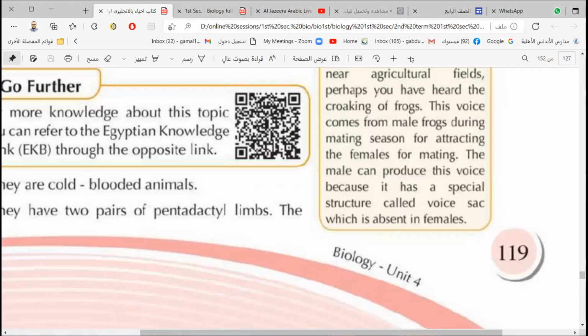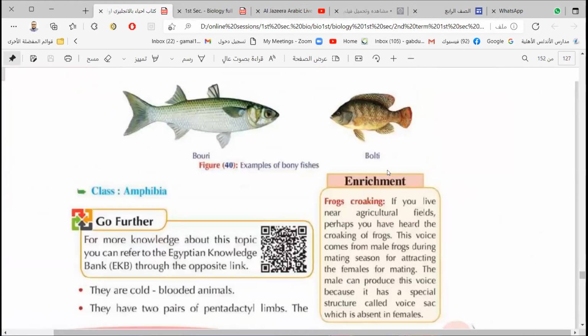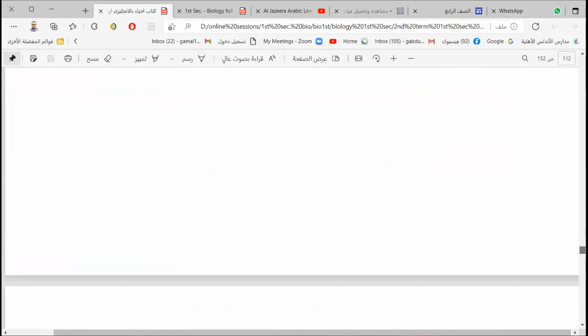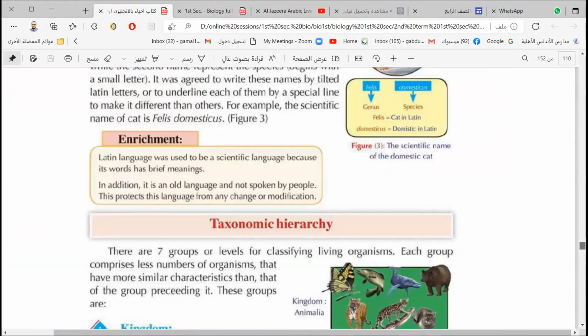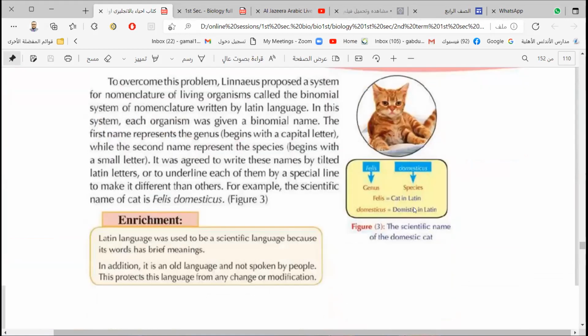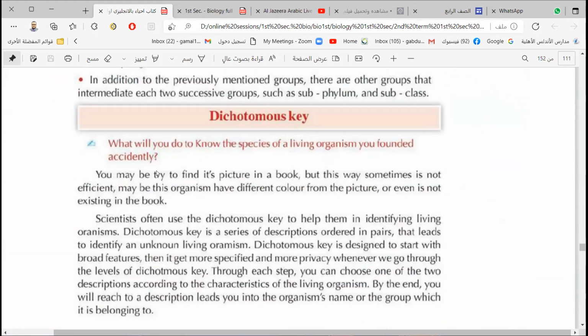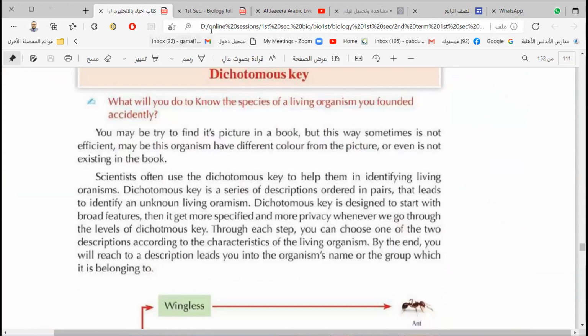I'd like to show you the dichotomous key now. Yes, here. The dichotomous key is here. As you see here, scientists often use a dichotomous key to help them in identifying a living organism.